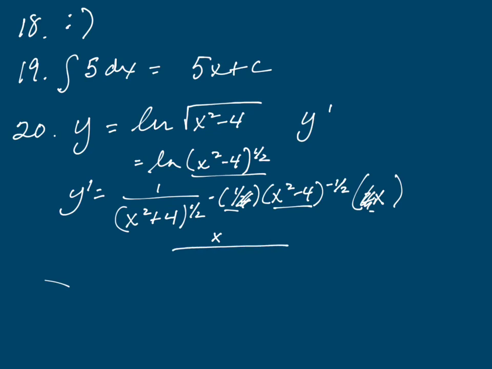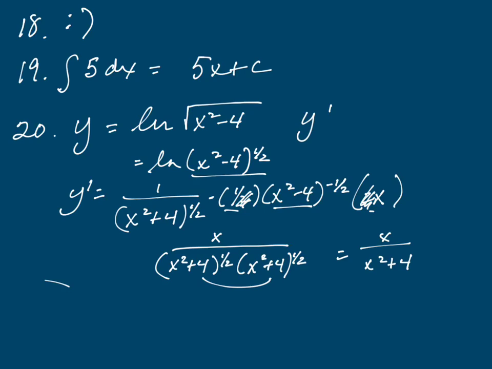And on the bottom, I have (x squared plus 4) to the 1/2 times (x squared plus 4) to the 1/2. Is that right? And so it simplifies to x over, multiplying these two, square root times square root, x squared plus 4. Minus 4.